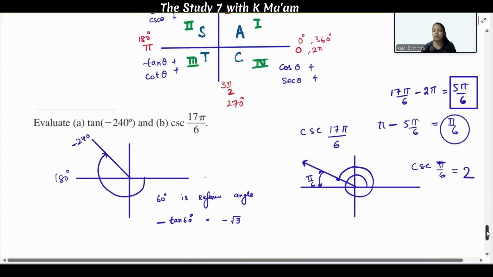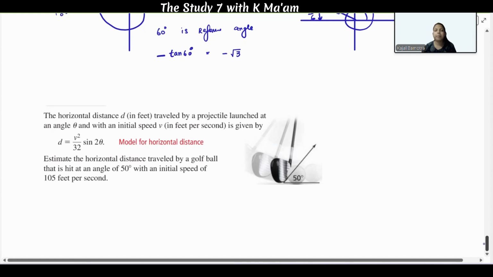Let's do the next one. Here, the horizontal distance d in feet traveled by a projectile launched at an angle theta and with an initial speed v feet per second is given by this. So this is a model which depends upon the angle and the initial speed.